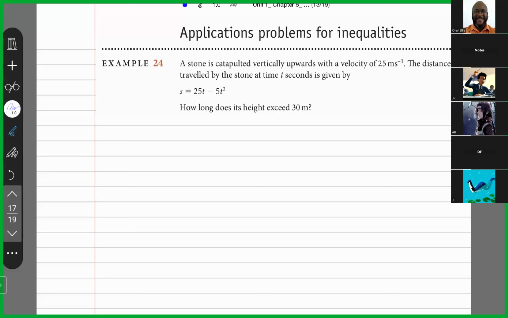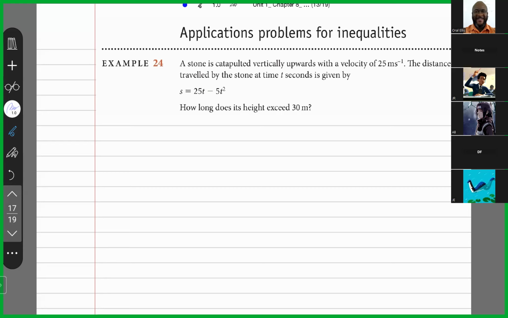All right, so now we're down to application problems for inequality. Example 24 says a stone is catapulted vertically upwards with a velocity of 25 meters per second.